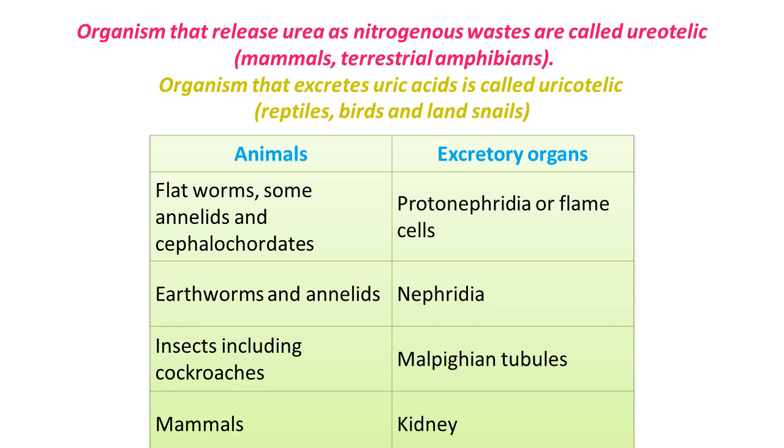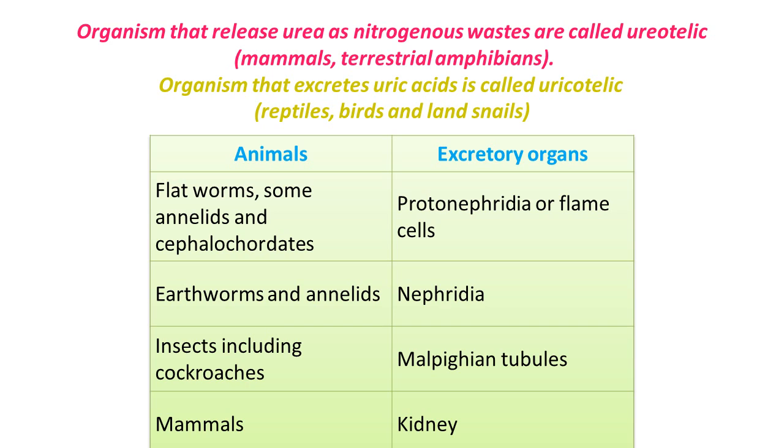Ammonia produced by metabolism is converted into urea in the liver of these animals and released into the blood, which is filtered and excreted out by the kidneys. As we know, in these animals one pair of kidneys is the main excretory organ.